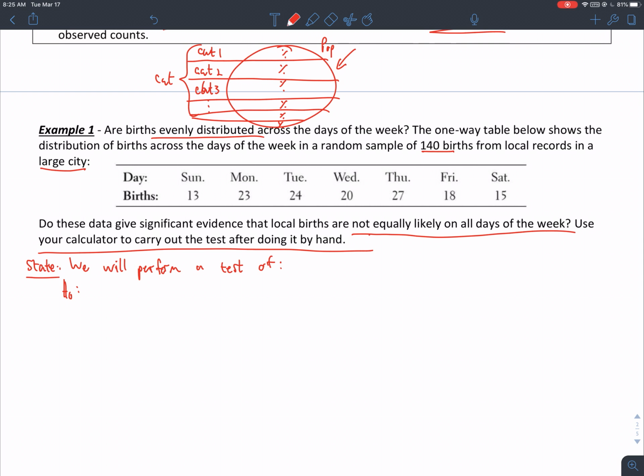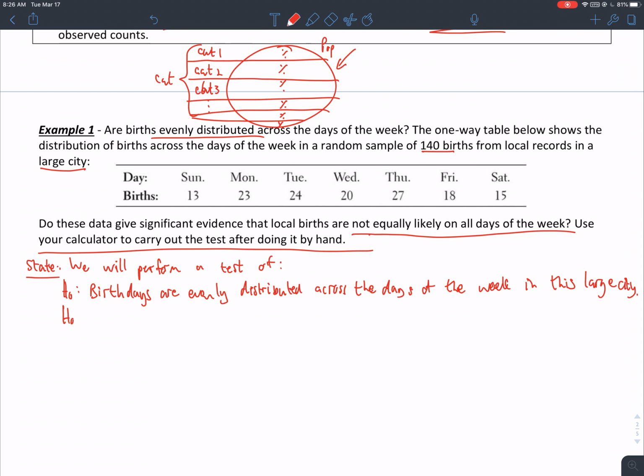The null hypothesis is birthdays are evenly distributed across the days of the week in this large city.